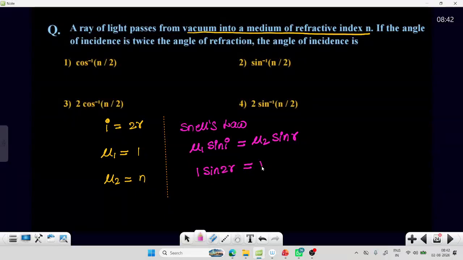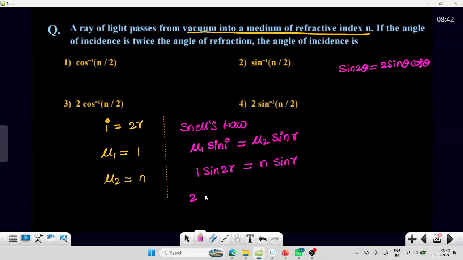Which is equal to mu2, that is n into sin R. This is sin 2 theta; the sin 2 theta formula you know: 2 sin theta cos theta.